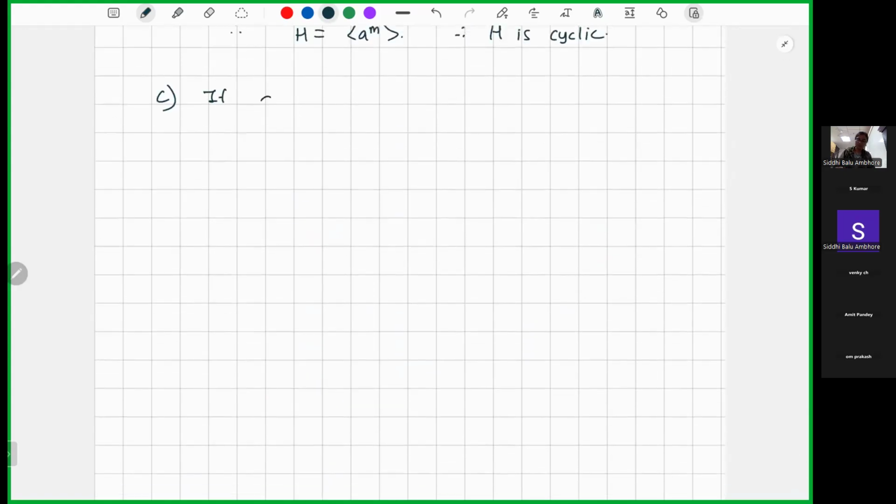If GCD of order of H1, order of H2 is 1, then H1 intersection H2 is E. Is this true or false? What is your guess for this?